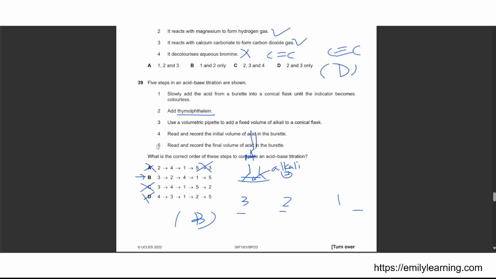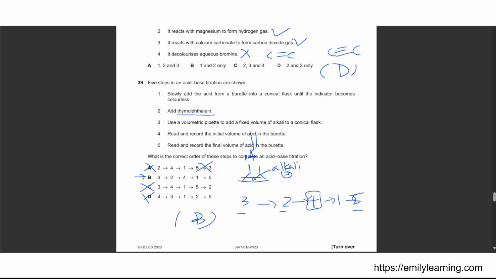So I know that finally I will record the final volume of acid in the burette. This will be 5, the last step. So I can read the initial volume. Usually after I put in the indicator, I will start reading the initial volume. But actually, whether you put 4 here or here is okay.